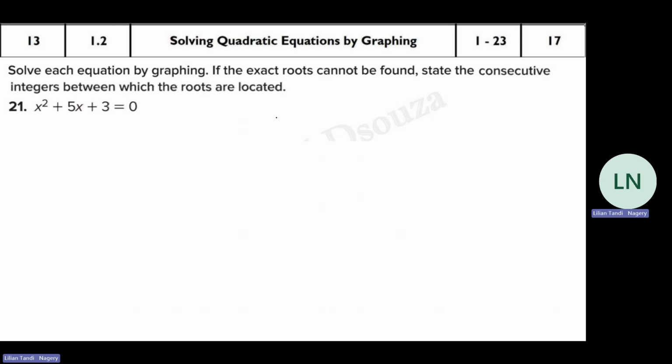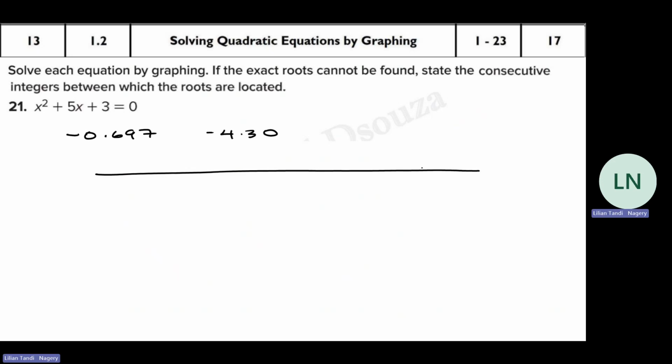Even here, I did my quadratic formula and I got negative 0.697 and negative 4.30. So on my number line, I start at 0, negative 1, negative 2, negative 3, negative 4, negative 5, negative 6.